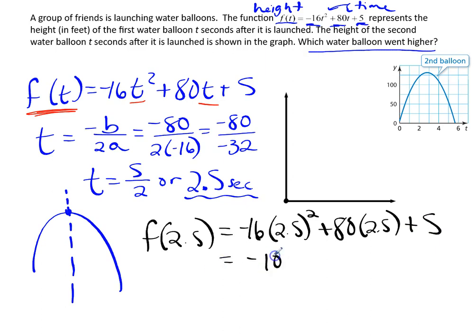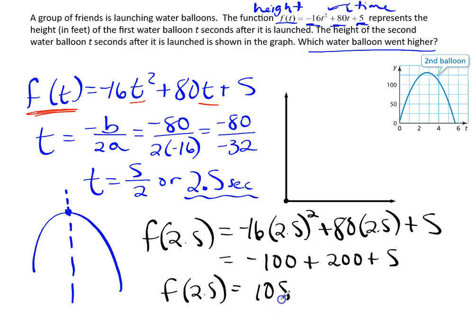So this gives us negative 100 plus 200 plus 5. So f of 2.5 is 100 plus 5, 105, and its height, so feet. And we want to note that's our maximum height.